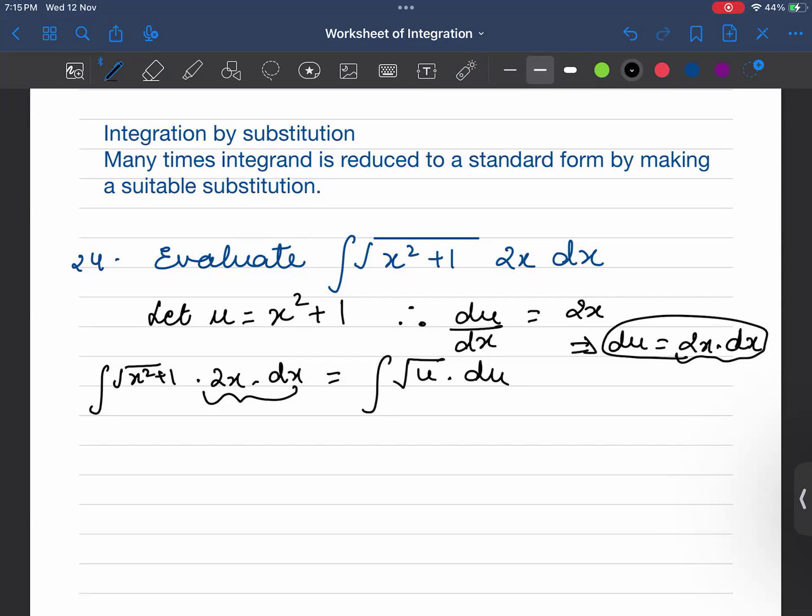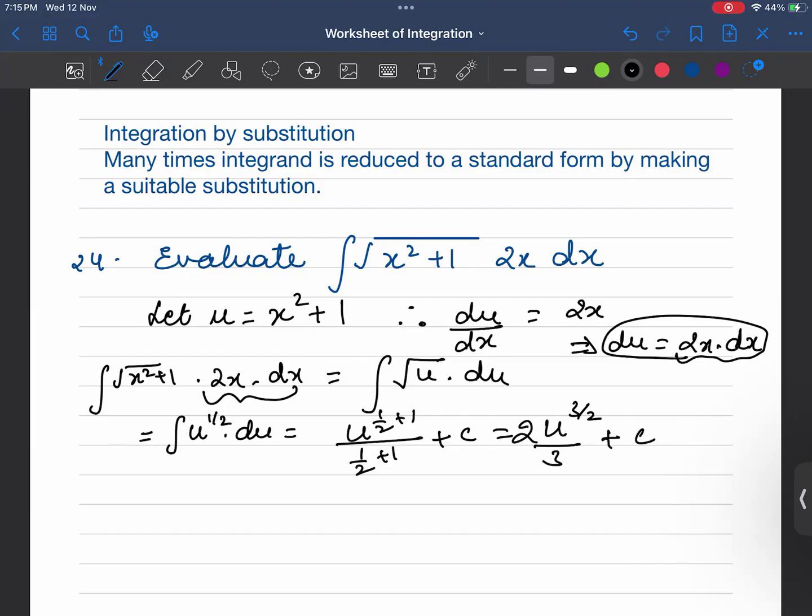Now simply we will integrate it. It means the integral of u power half du, which is u power half plus 1 upon half plus 1, plus c, u power 3 by 2 upon 3 by 2 plus c.